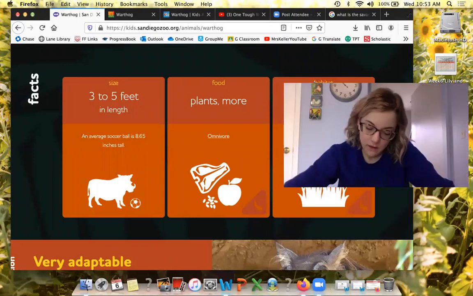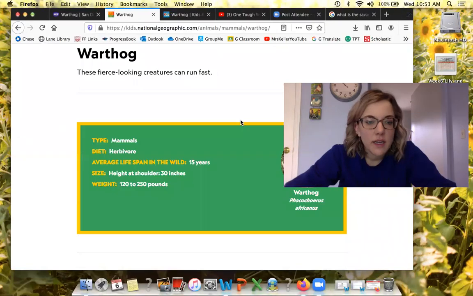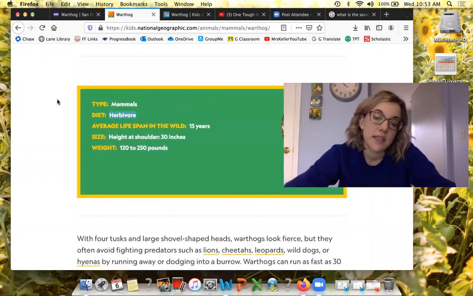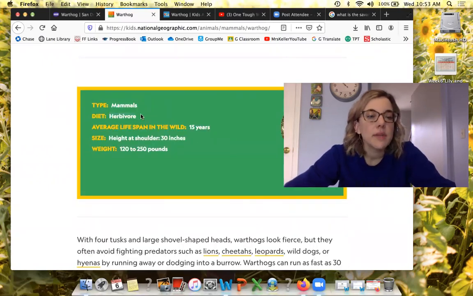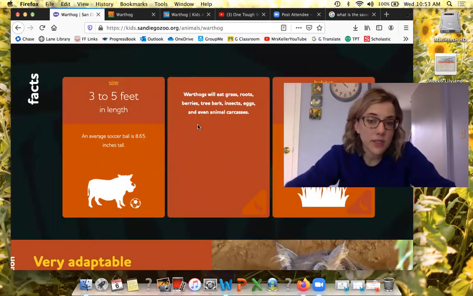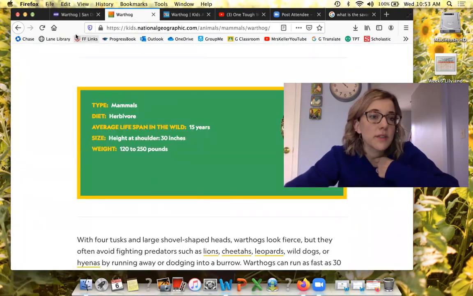All right, let's look at National Geographic Kids and see if we can find any more information. Now this is herbivore, and herbivore is how it's actually pronounced. It means that they're plant eaters. What's interesting is that we found out that sometimes they don't just eat plant parts, so it's interesting that these two are inconsistent.